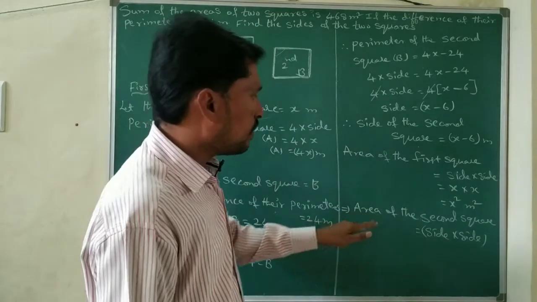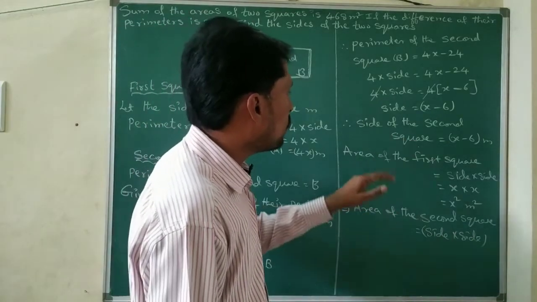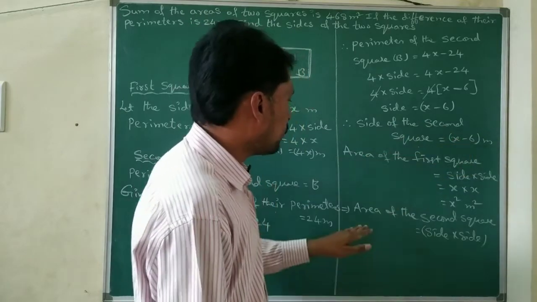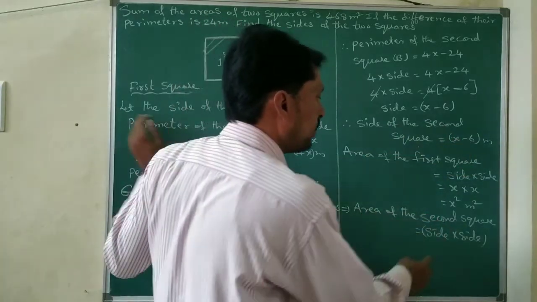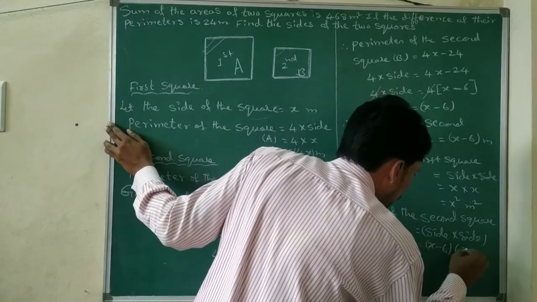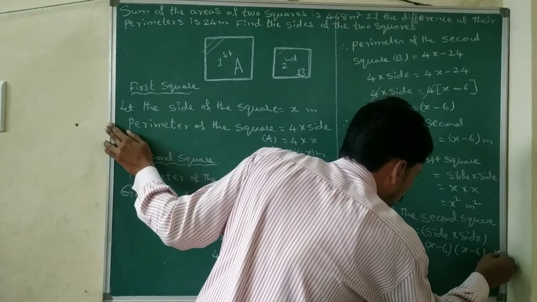What is the side of the second square? The second square side is x minus 6. So the area of the second square means side into side, that is x minus 6 into x minus 6 meter squares.